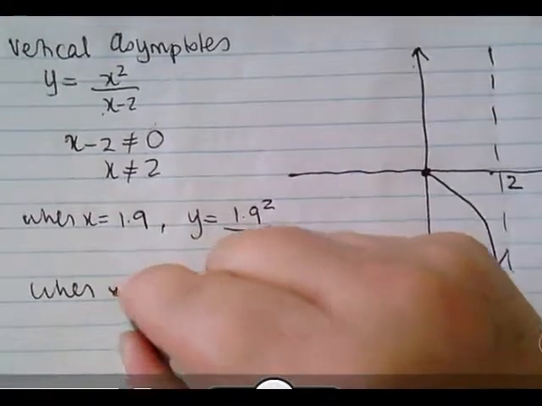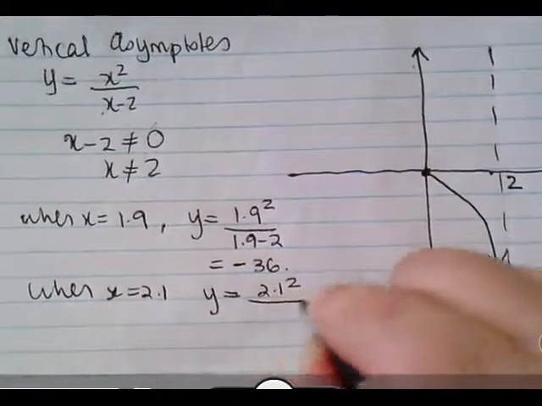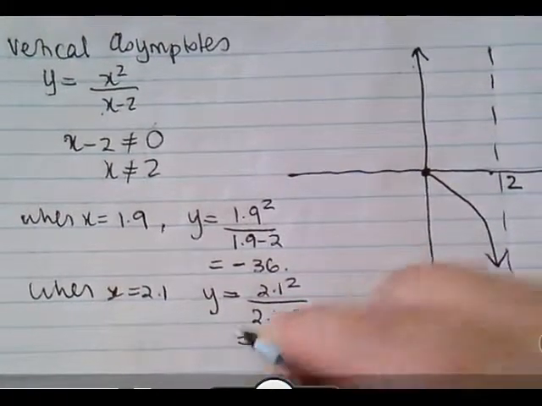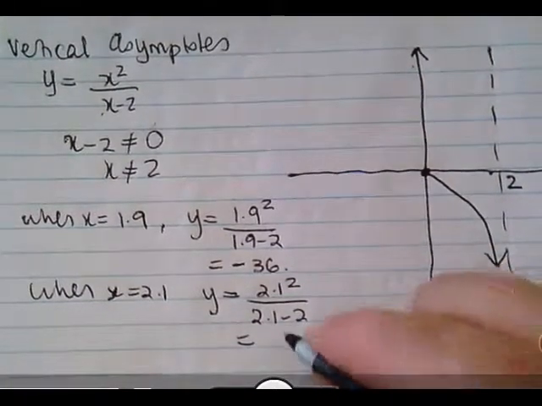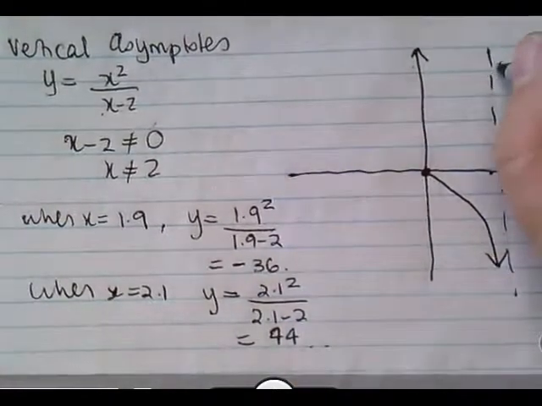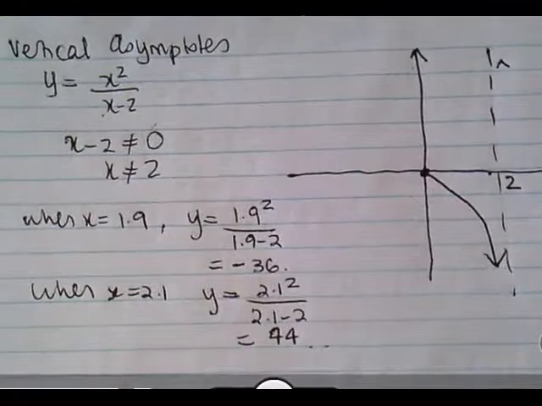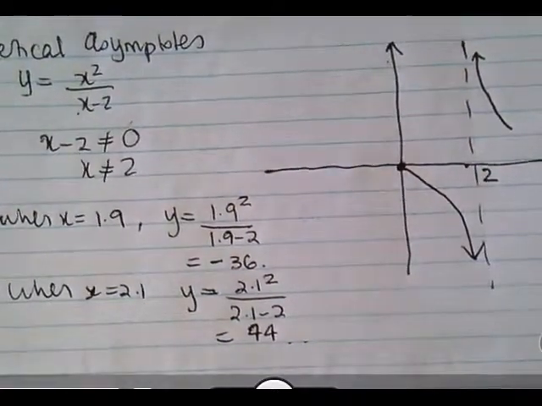When x is 2.1, we get y is 2.1 squared over 2.1 minus 2. This is big, because it's 2.1 squared divided by 0.1. 44. Don't worry about it, it's up here. Now, I still do have some unfinished business.